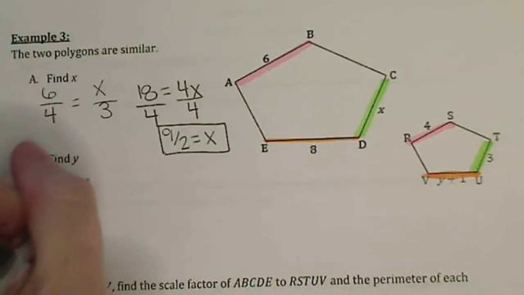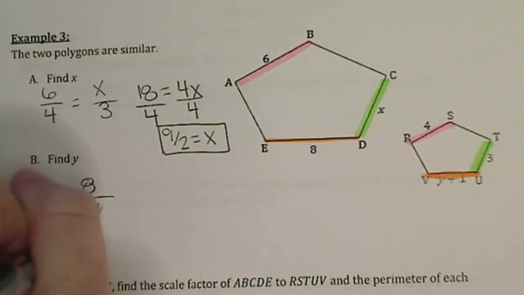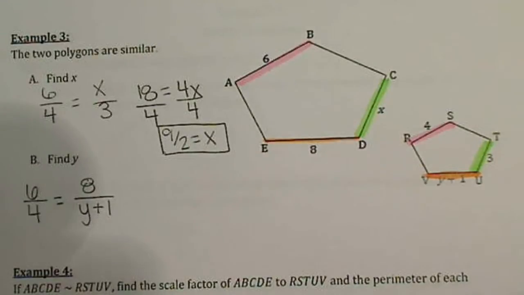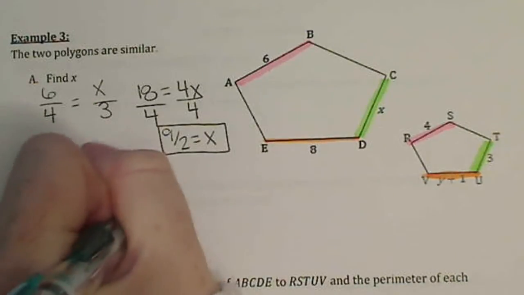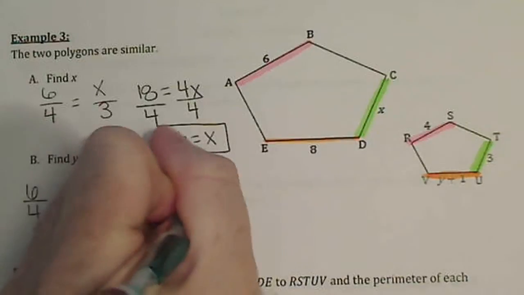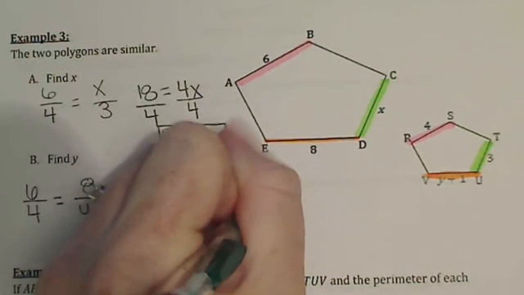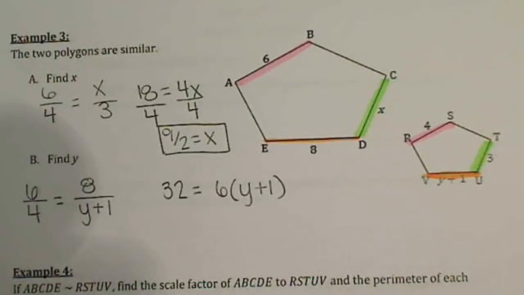So we're going to write 8 over y plus 1. When we cross multiply, 4 times 8 is 32. But we need to remember when we cross multiply here, it's not just 6 times y. It's 6 times y plus 1, so you need those parentheses. Distribute your 6.